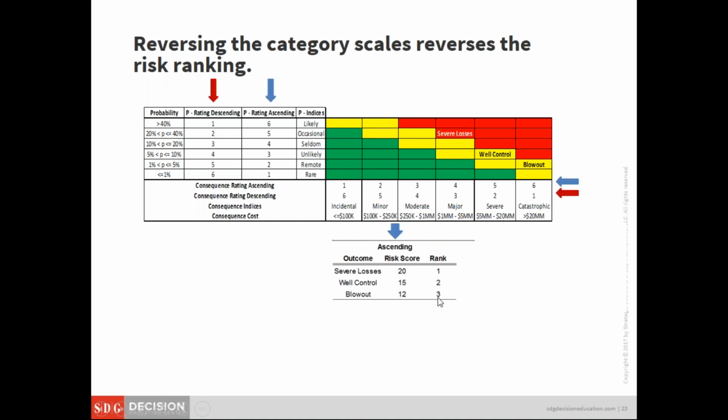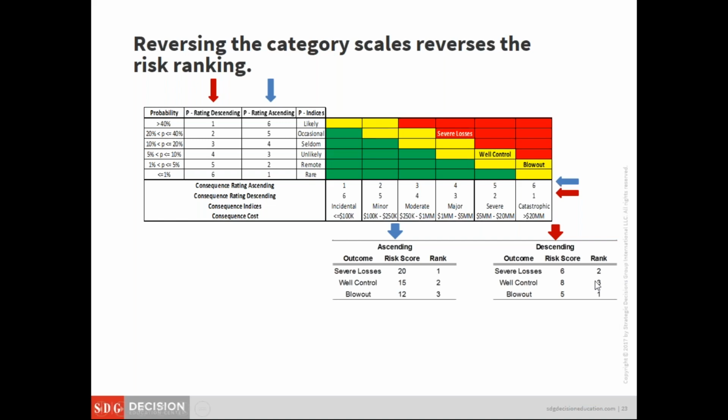Okay. Well, what if we counted down instead from 6 to 1? There's no reason not to do that. If you count up, we could count down, and we could go with the smallest number, so something that has the smallest number is the biggest risk. Well, if you do that, you're going to get that severe losses is a 6, well controls an 8, and blowout now is a 5, has the smallest score.